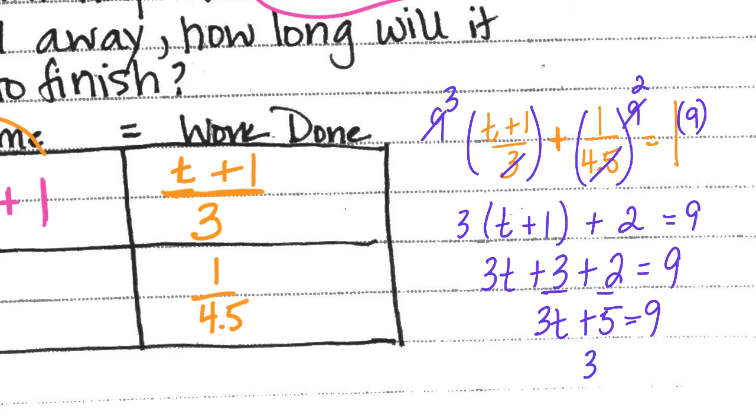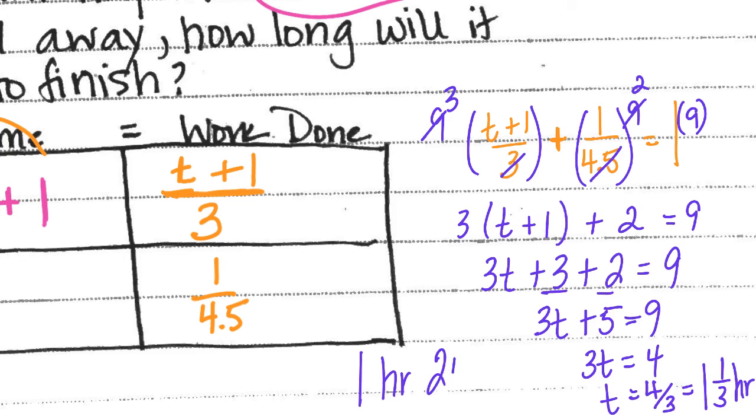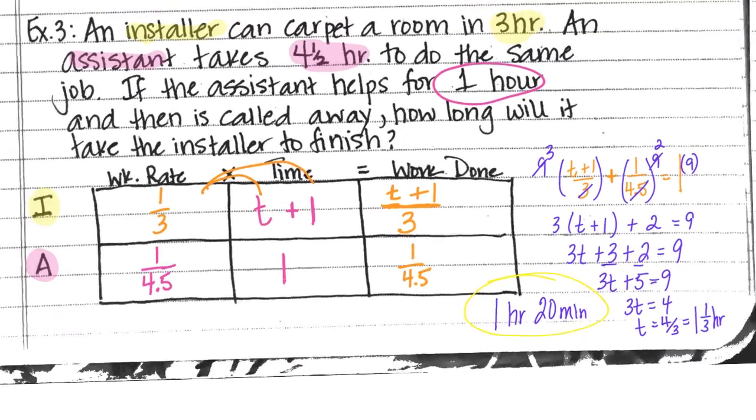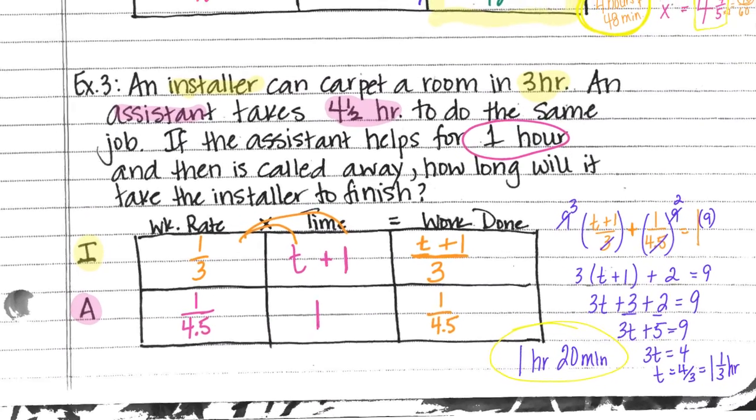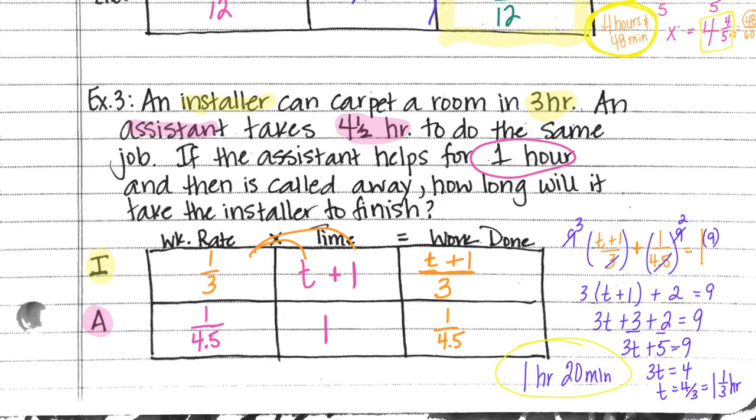When I subtract 5 over, I get 3t is equal to 4, where t is equal to 4 divided by 3. So that is 1 1/3 hours. A third of an hour is how long? Good, it's 20 minutes. So the answer to how long will it take the installer to finish is an additional 1 hour and 20 minutes.